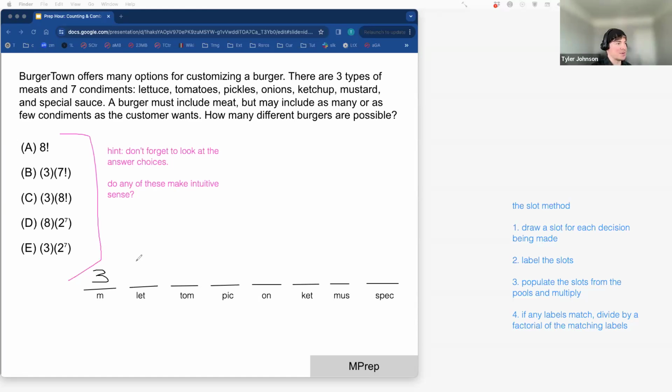You got to choose one of those. But then for each of these condiments, we can have as many or as few as we want. So for a decision like that, it's essentially a yes or no for each of those 7, right? If our only options are yes or no, that's a pool of 2 for every one of those blanks.